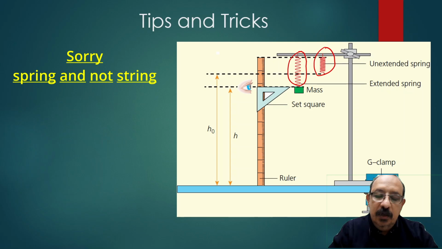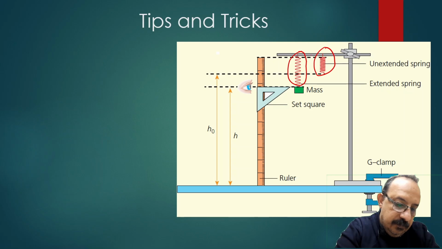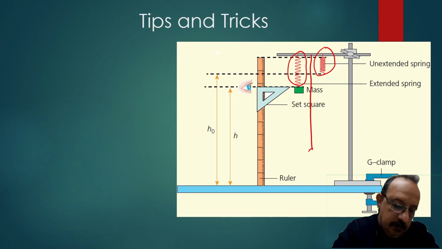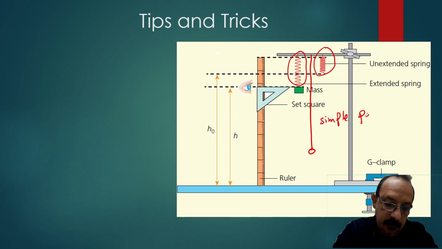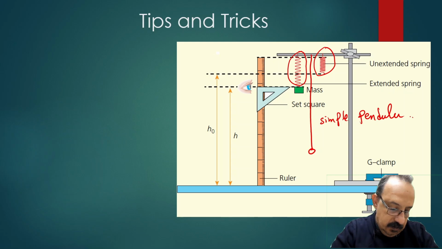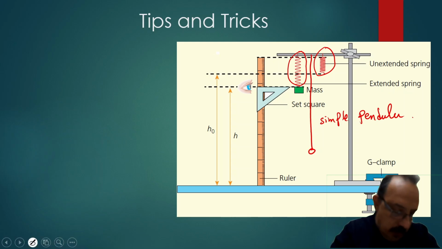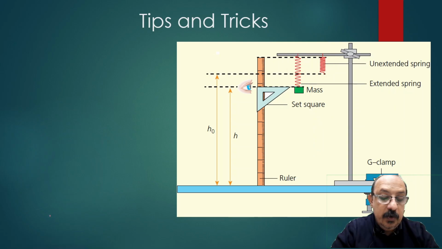Or you are asked to measure the length of a wire or the length of a simple pendulum, or something similar to this setup. So how are you going to answer this question? This is what we are going to do.